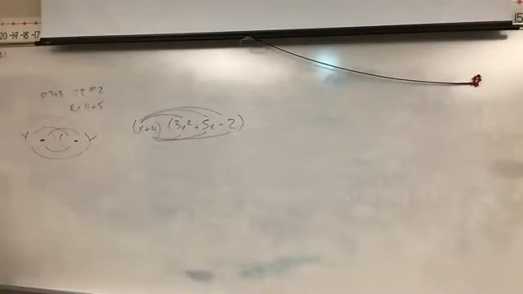Right? 4 times 3x squared is not, we're not magically going to change that to x to the third. We need 6 specific terms.